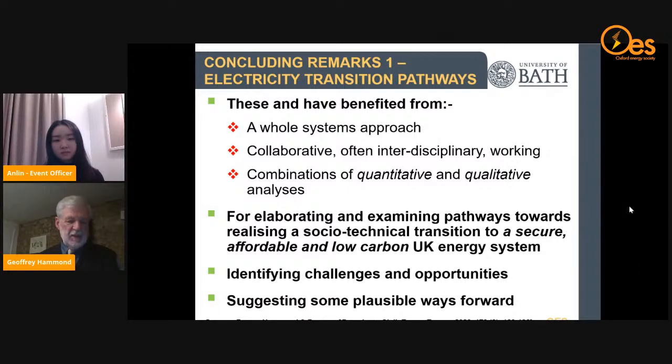It was often interdisciplinary. This consortium of 9 universities, we had about 50% were engineers. Actually, I'm a mechanical engineer, but they were mainly electrical engineers. And 50% were things like economists, economic modelers, economic historians, social policy analysts, that sort of thing. We used a combination of quantitative and qualitative analysis.